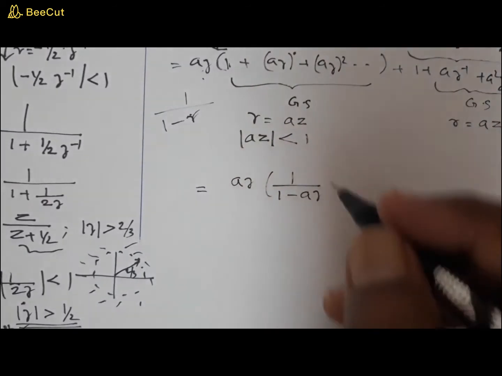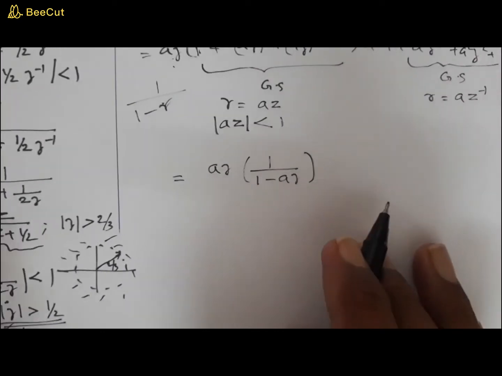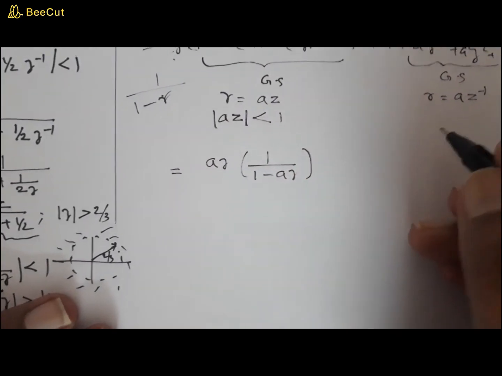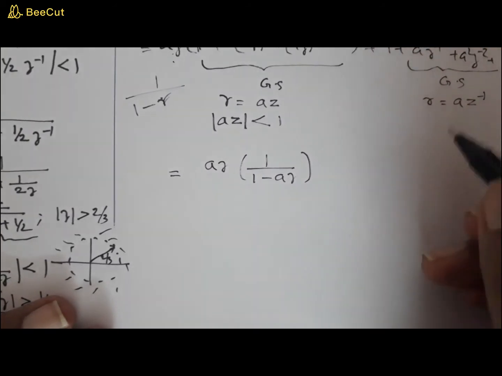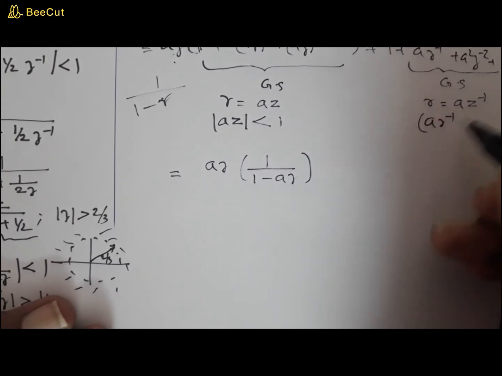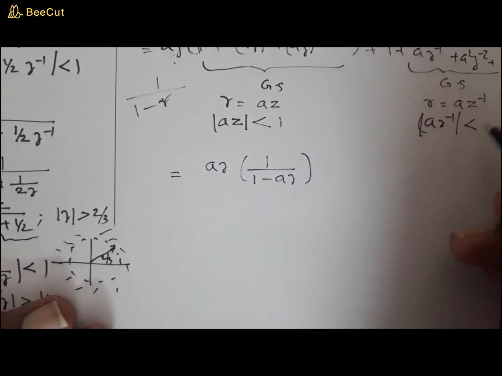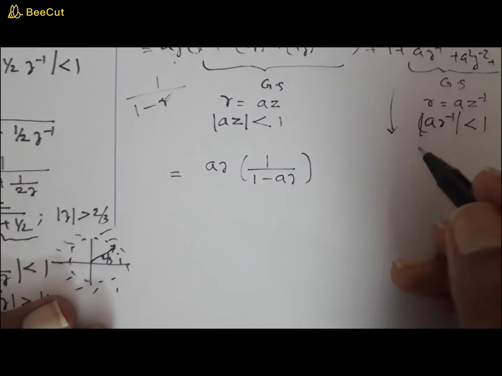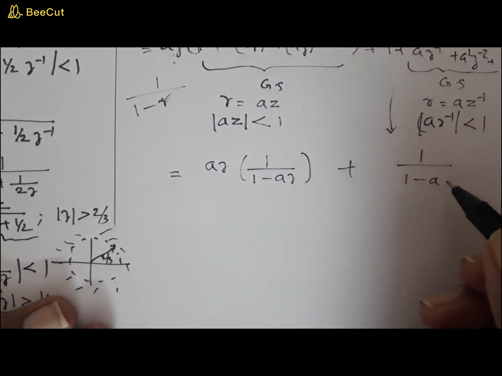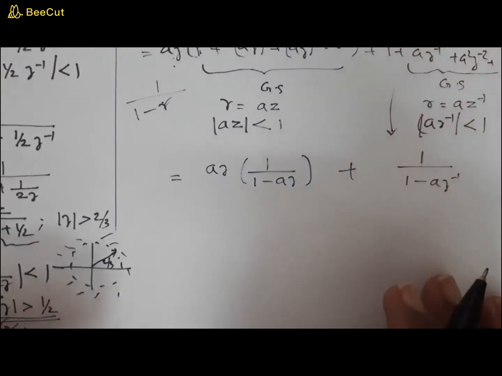Now similarly for this part, if you assume modulus of a z inverse is less than 1, you can write this sum also as 1 by 1 minus a z raised to minus 1.